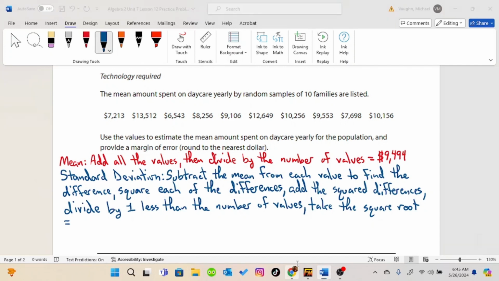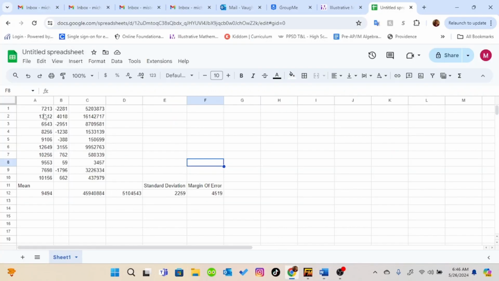So I'll show you the Google Sheet. Okay, in this first column A, we had all the values, and we found our mean. Then I programmed each of these cells to be the value minus the mean, and that's what all the values in B are. In C, I had each of those values in B multiplied by themselves.